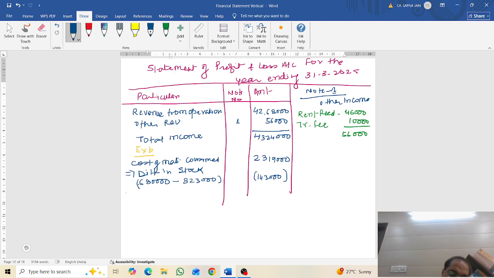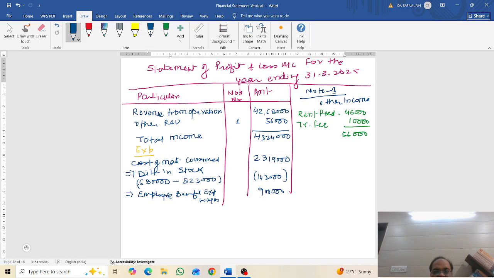Next is employee benefit expenses. In the question, only wages is given. How much total wages?